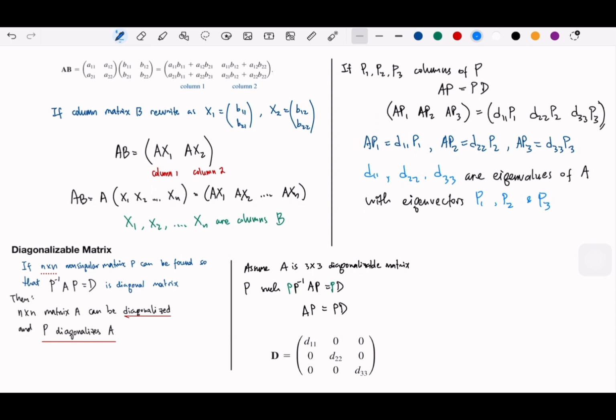Since we assume P is non-singular, then all these eigenvectors need to be linearly independent, because our assumption is P is non-singular.